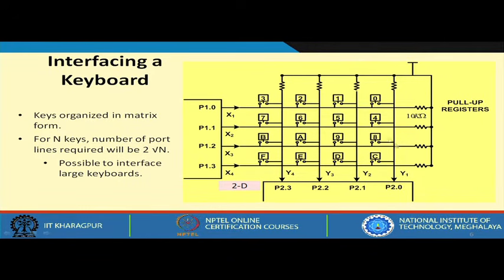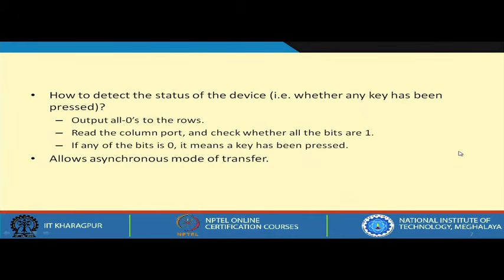Now, let us see how we can check whether the device is ready to transfer data, that means some key is pressed or not. How to detect the status of the device? Well, there is a simple way.